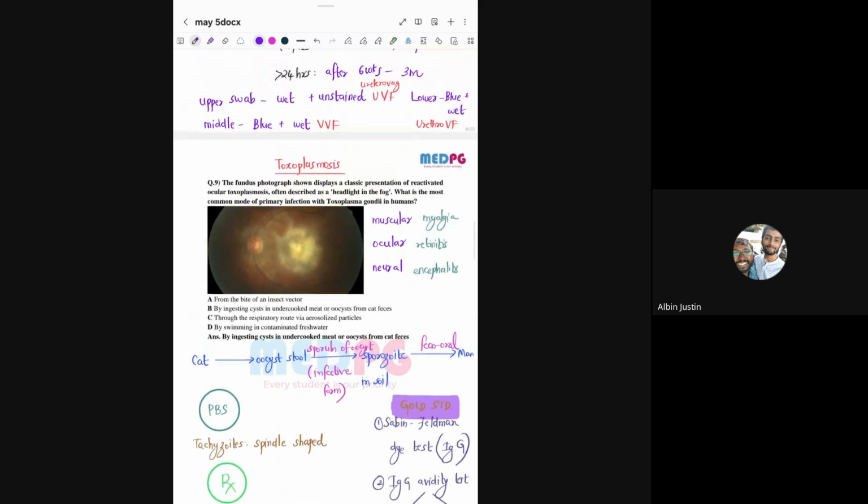Okay. Now, one more thing. At last, the triad of congenital toxoplasmosis: chorioretinitis, diffuse brain calcifications, and hydrocephalus.